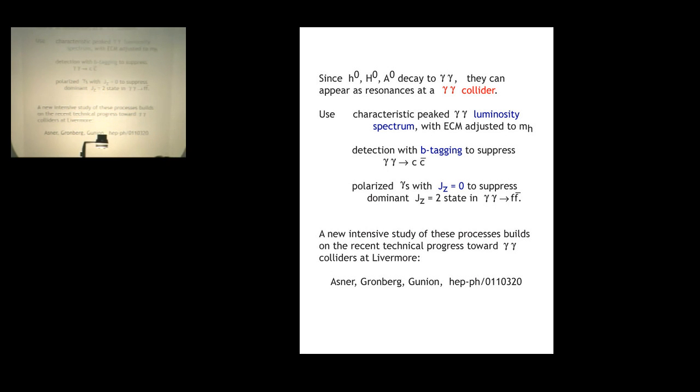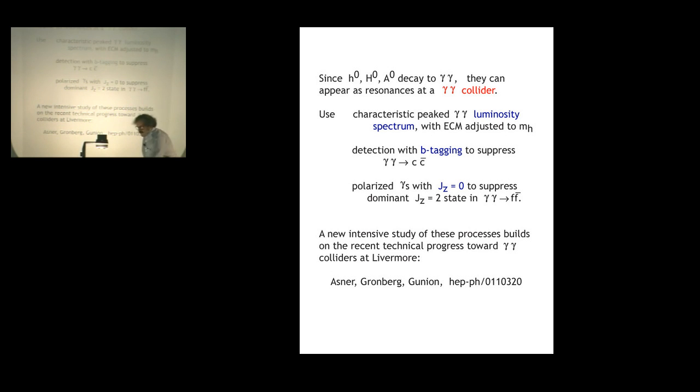Of course, gamma-gamma to BB bar is suppressed because the B has a small charge. And if you polarize the gammas in the JZ equals 0 state, you can further suppress 2-fermion standard model production, because this dominantly occurs at high energy in the JZ equals 2 state. So using all of these advantages, you can really arrange that the Higgs resonance stands out.